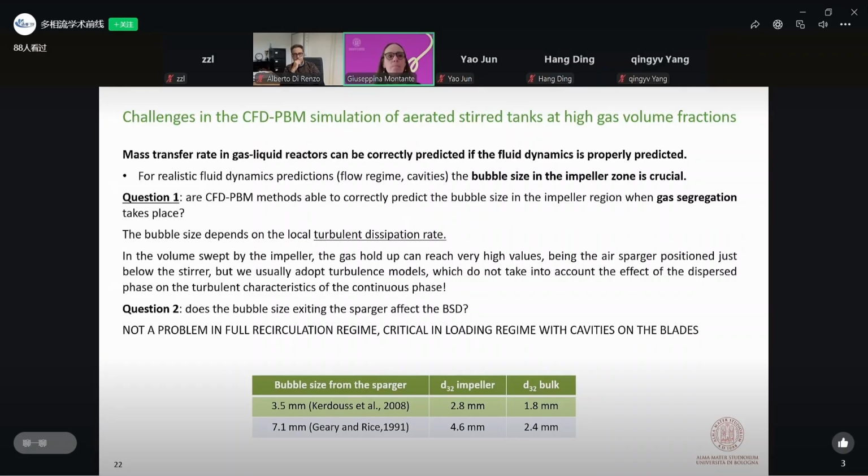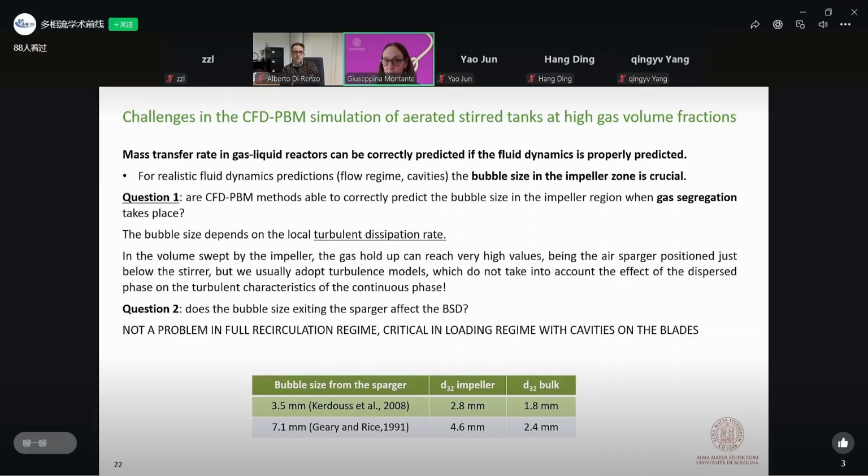With population balance models, we should be able to predict gas segregation right at the beginning, but since bubble size depends on the local turbulent dissipation rate, this is a very critical aspect to address.